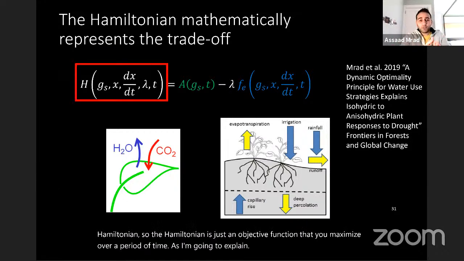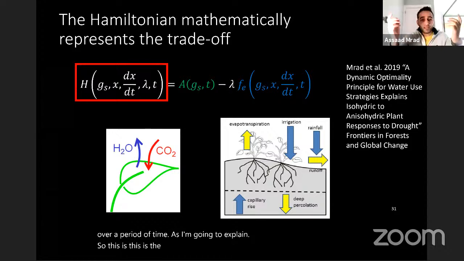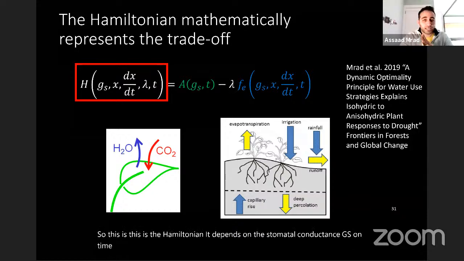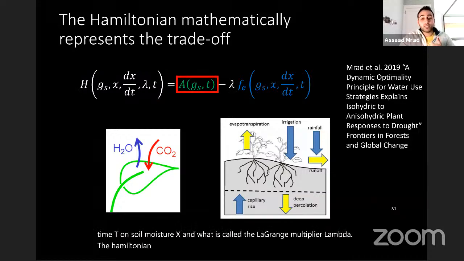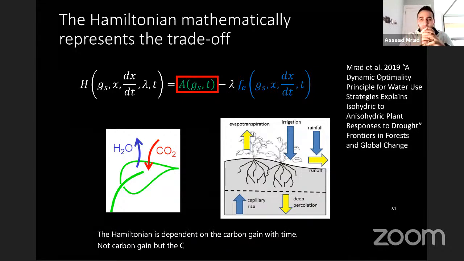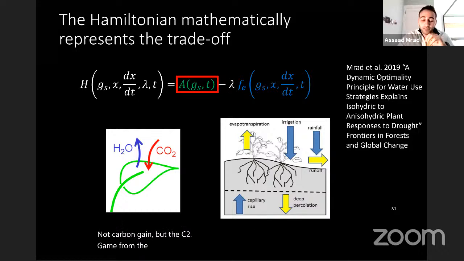So this is the Hamiltonian. It depends on the stomatal conductance, GS, on time T, on soil moisture X, and what is called the Lagrange multiplier lambda.